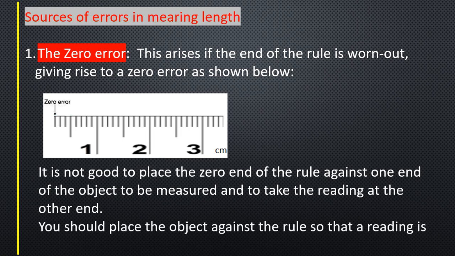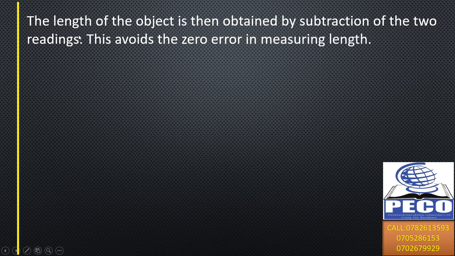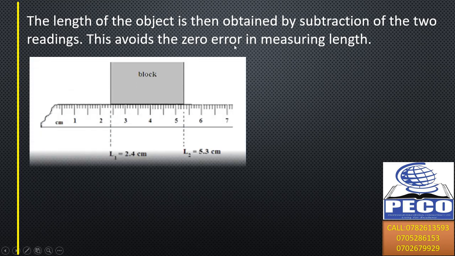You should place the object against the rule so that a reading is made at each end of the object. I'm going to illustrate this. The length of the object is then obtained by subtraction of the two readings. This avoids the zero error in measurement.